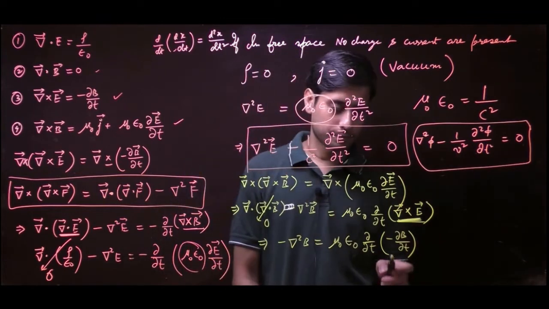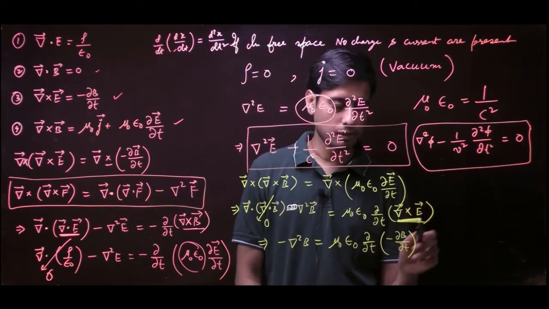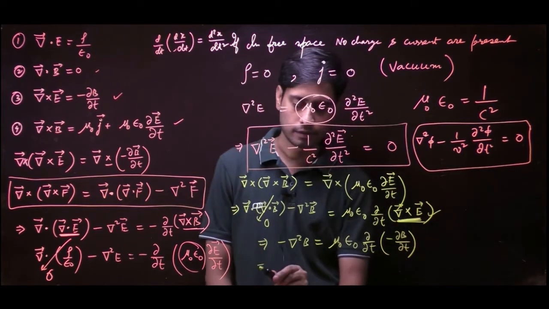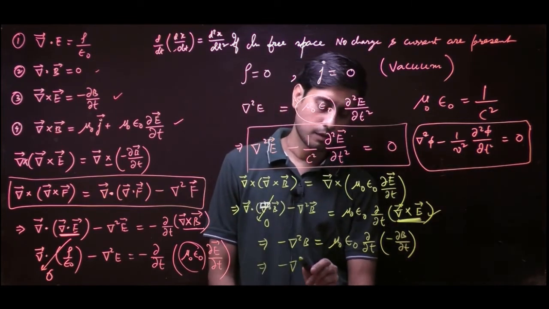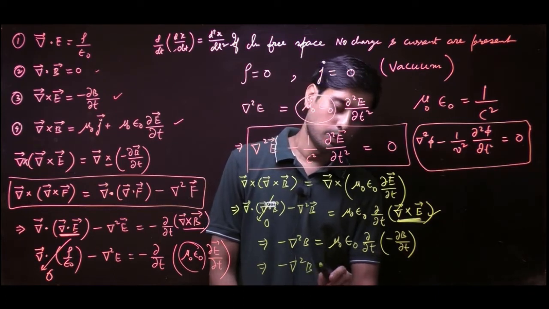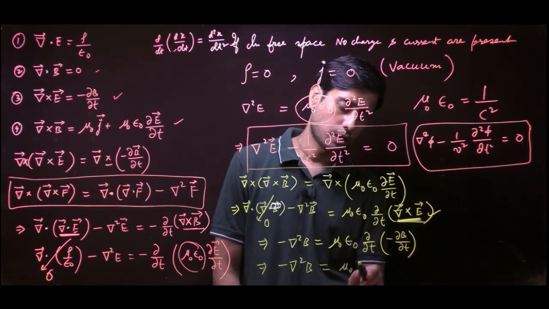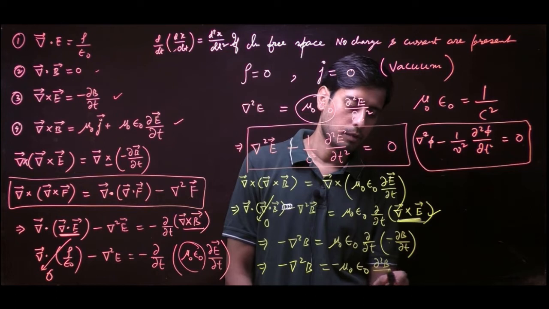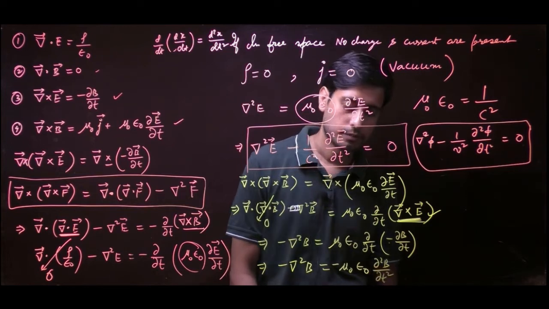Just like in this case, you will get here minus del squared B equals mu naught epsilon naught, and there is also a minus sign, del squared B over del t squared.